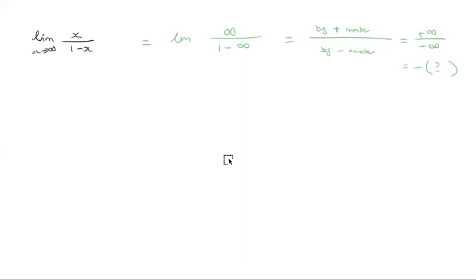Because if you take a big number and divide it by another big number, how do you know which is bigger? At this point in time, you really just know it's some big number divided by some other big number. You don't really know which one's bigger. So, do you see the problem?